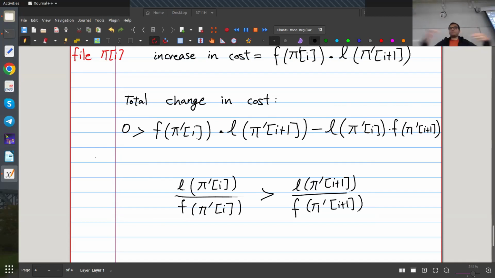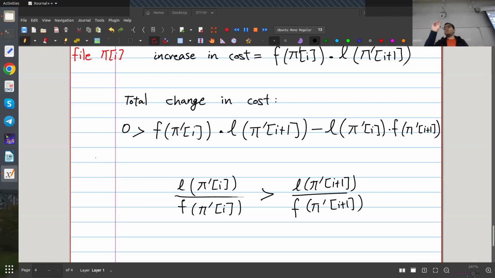Just multiply and move them around. I don't like to do algebra, but it's obvious. This is the length of file i+1; I can multiply it by the frequency of file i. Here I have the length of file i; I can multiply it by the frequency of file i+1. So I just multiply by the denominators and move everything to one side, and I get this.